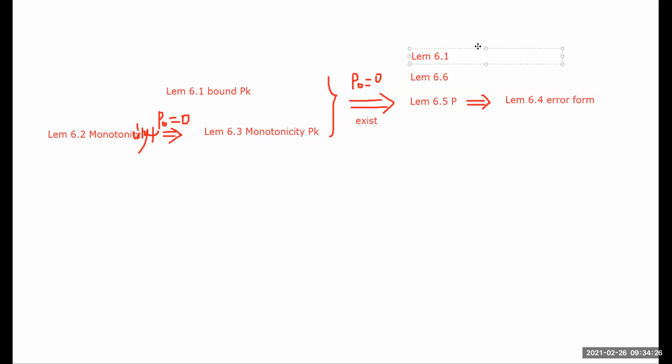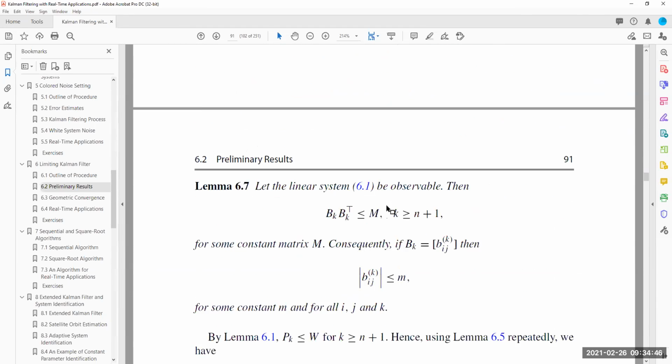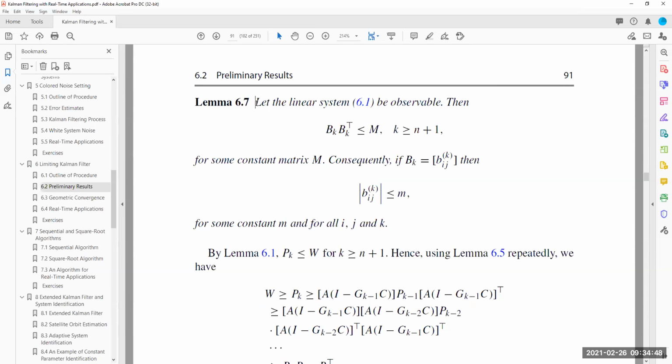Okay. So together with these three lemmas, then you can get this. It will give you this lemma 6.7.